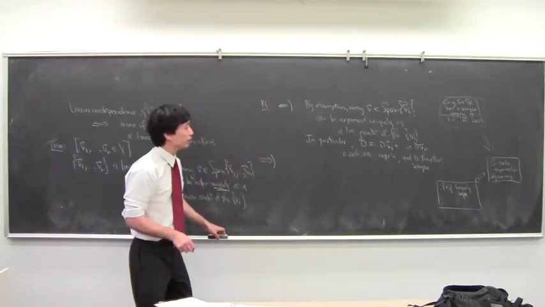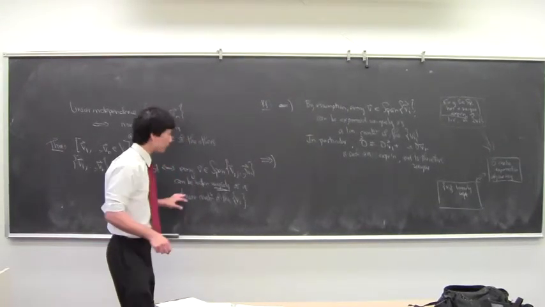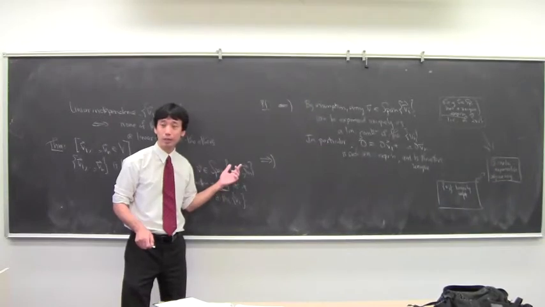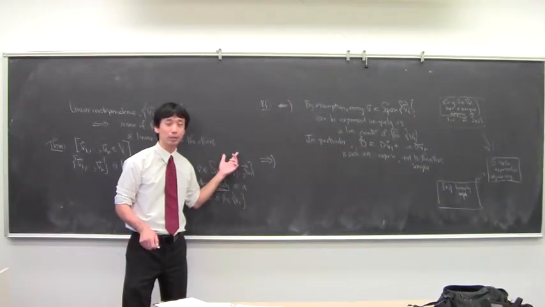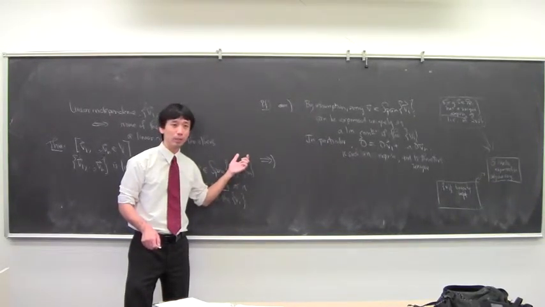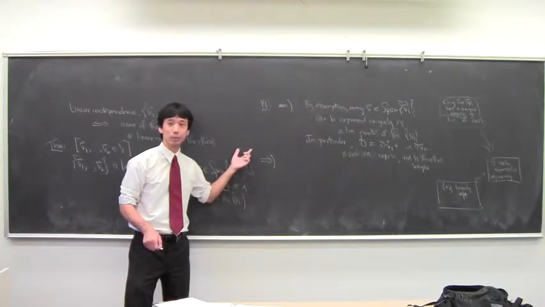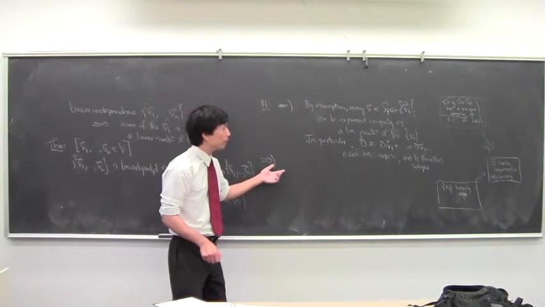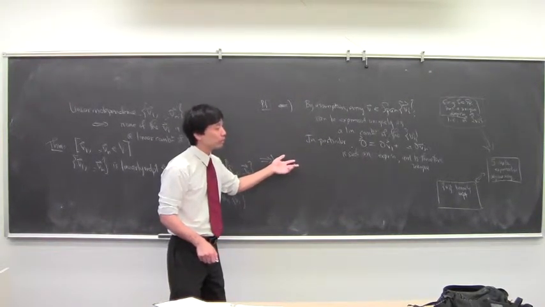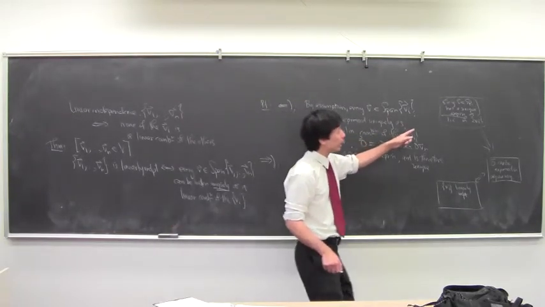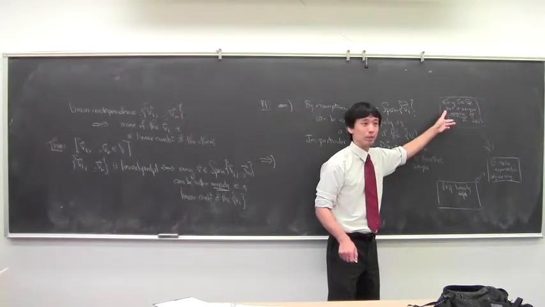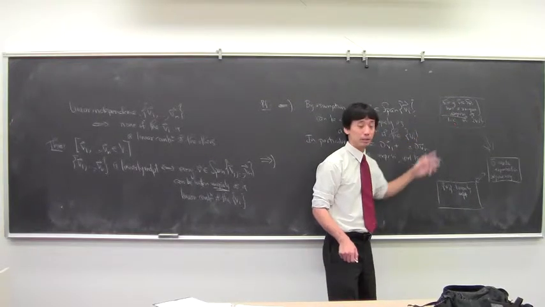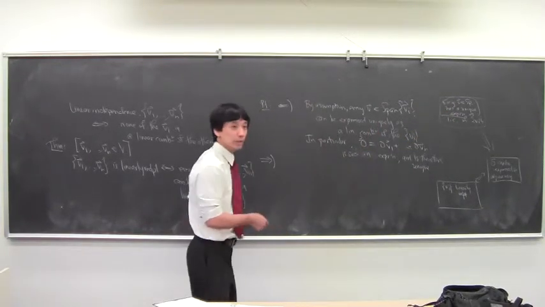The more interesting way is the forward way. Suppose you know that 0 has a unique expression. Right? Suppose that you know that 0 can only be reached as 0 times the first plus 0 times the rest. 0 can only be reached in the trivial way. Well then, let's see that that forces everybody to be expressible in only one way. And so what Elena is saying is that, well, suppose there are two ways.